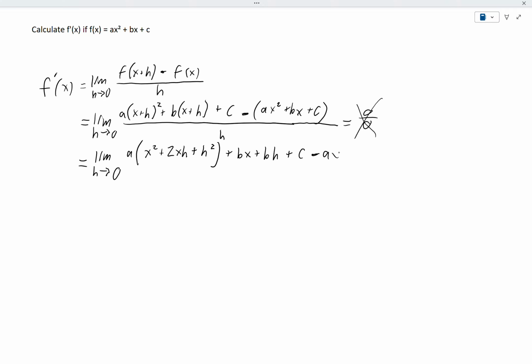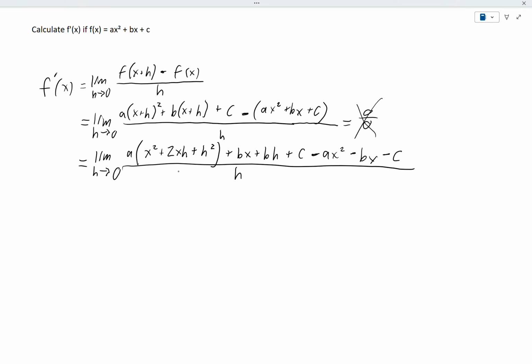So that's going to become negative ax squared minus bx minus c.